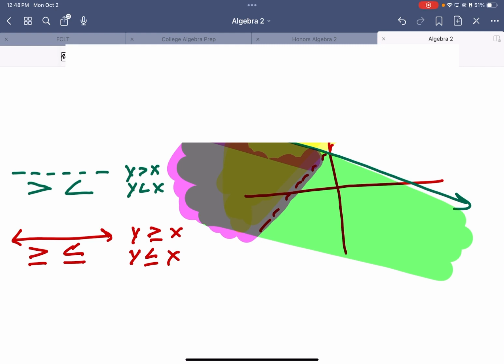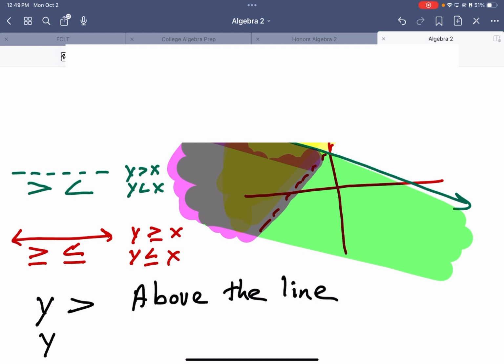And there's a rule for that, sort of. If y is greater than, you're going to shade above the line. If y is less than, you are going to shade below the line.